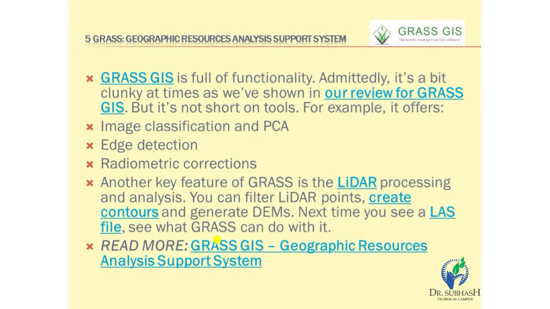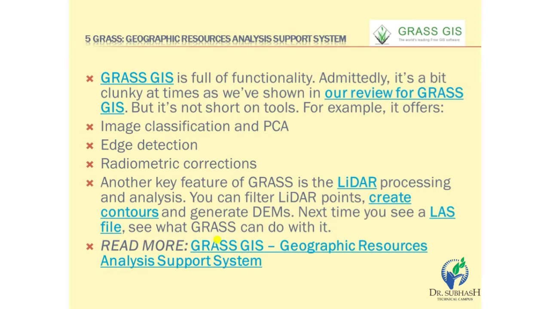It is also useful in edge detection. It is also useful for radiometric correction. Like if we have remote sensing data, but that data does not have clarity, we have to correct that data. So radiometric correction is important for that feature.